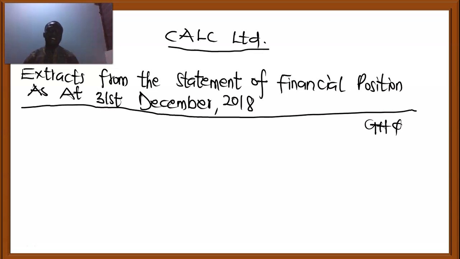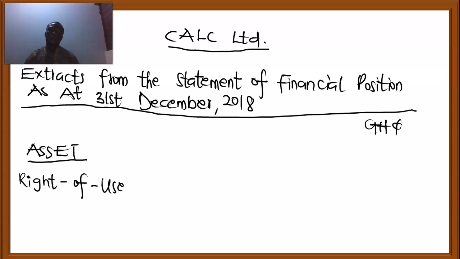So under assets, we have our right of use assets. The right of use asset had a cost of 1,263,600. Then we are going to charge a depreciation of 252,720.